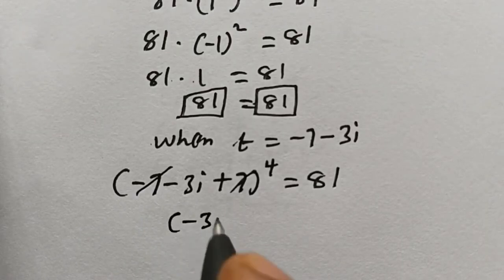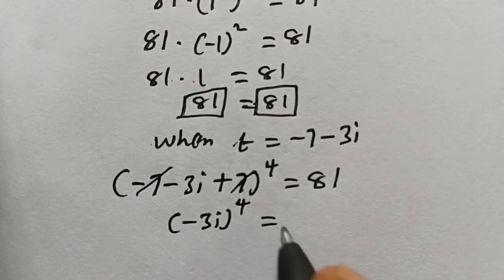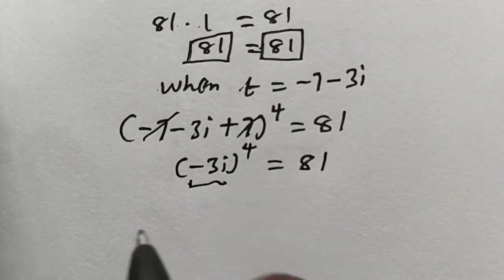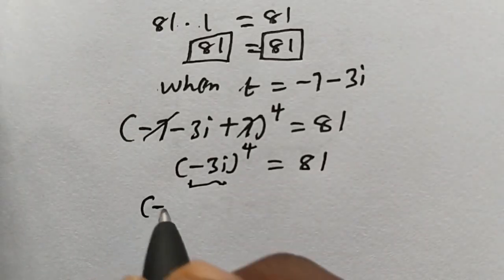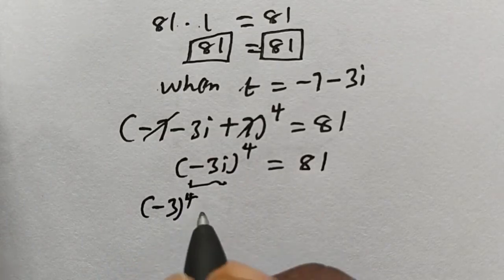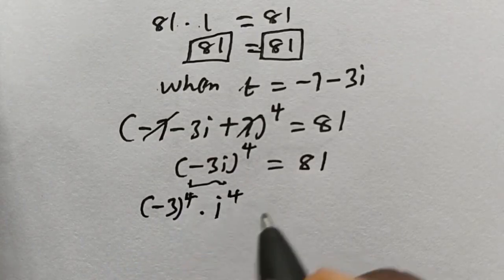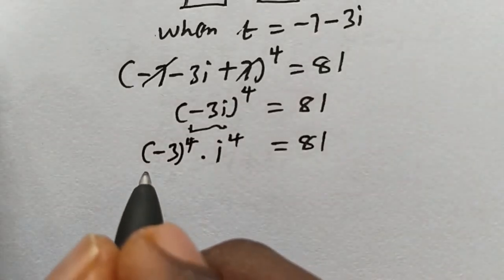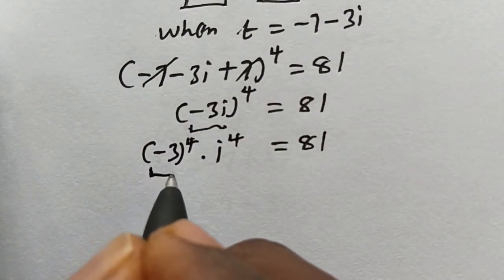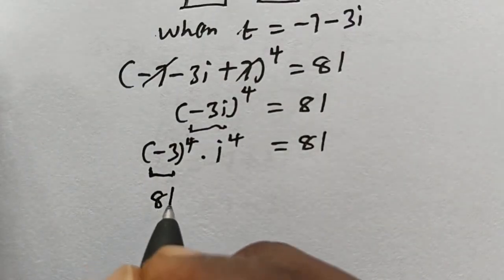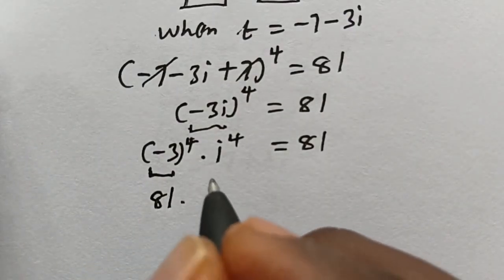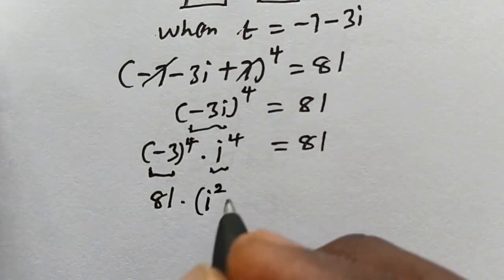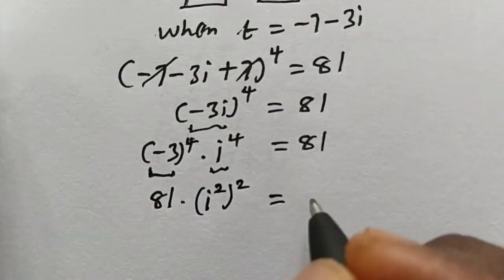We are left with minus 3i raised to 4 equal to 81. Minus 3i all to the power of 4 could be written as minus 3 raised to 4 times i raised to 4 equal to 81. Let's continue. What is minus 3 to the power of 4? That is 81 times i to the power of 4. I can rewrite it as i square all squared equal to 81.